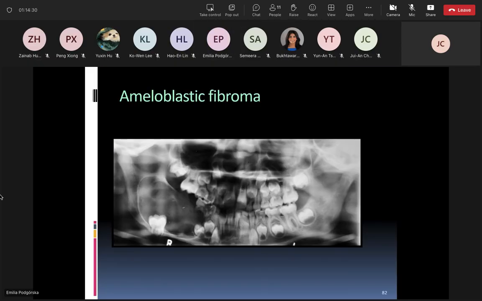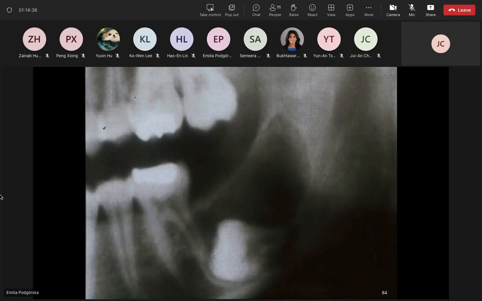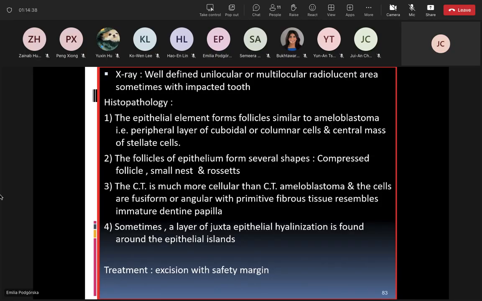You can see. Radiographically, a well-defined unilocular or multilocular radiolucent area, sometimes with an impacted tooth. Histopathology: the epithelial elements form strands similar to ameloblastoma, with peripheral layers of cuboidal or columnar cells and a central mass of stellate cells.